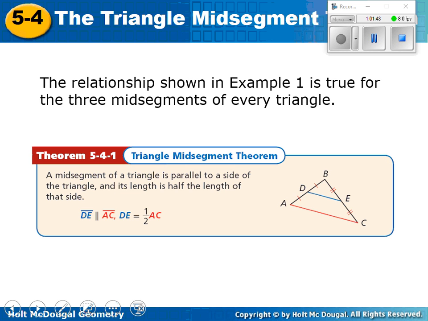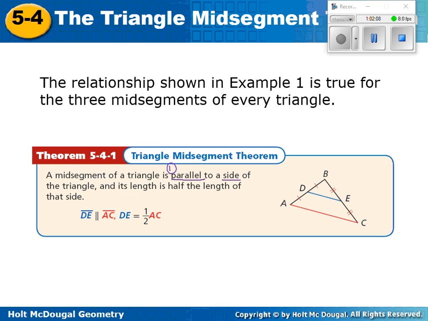So the mid-segment theorem simply says the mid-segment of a triangle will have two characteristics. One, it's going to be parallel to the opposite side. So every mid-segment will be parallel to the side across from it.